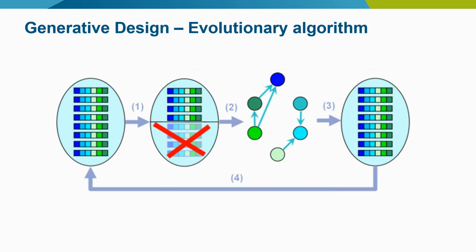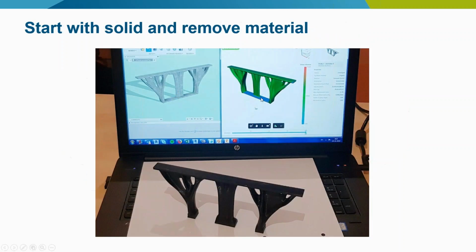And then in the next step, you create new models based on the good performing ones, and you have a new set which will generate new input, and then you can do this multiple times, and in the end you will have a good design.